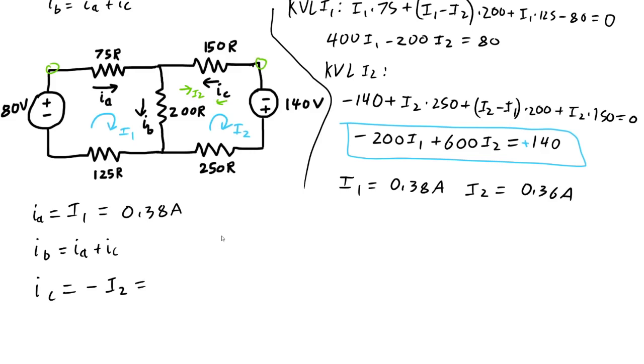So that means that IC is negative 0.36 amps. So 0.38 minus 0.36 equals 0.02 amps. And there we go.